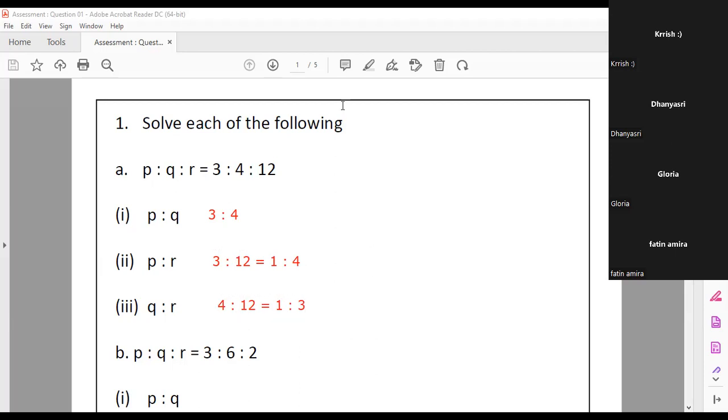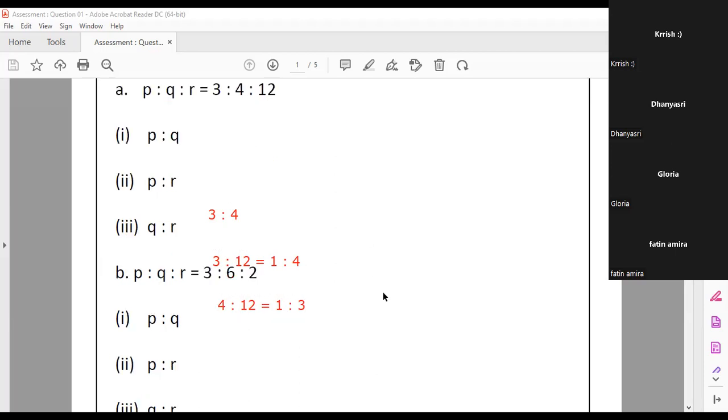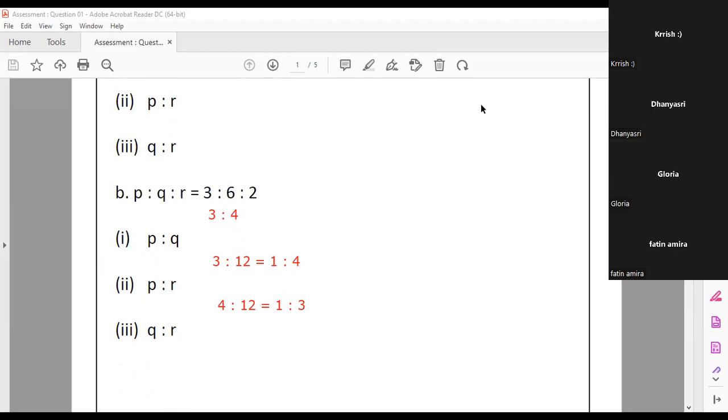All right. In the same manner, we go down to question B here. P to Q to R is 3 to 6 to 2. What is the ratio of P to Q? P is 3 parts, Q is 6 parts. Thus, simplify this, it becomes 1 to 2. Done.